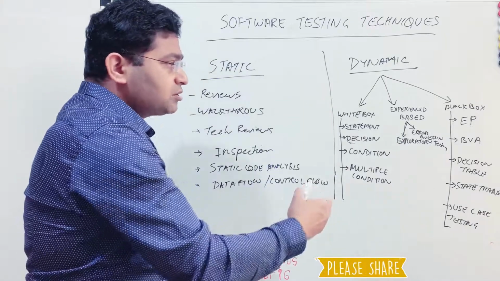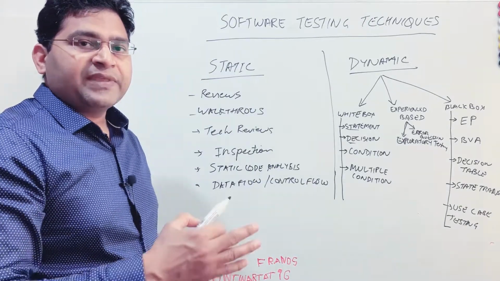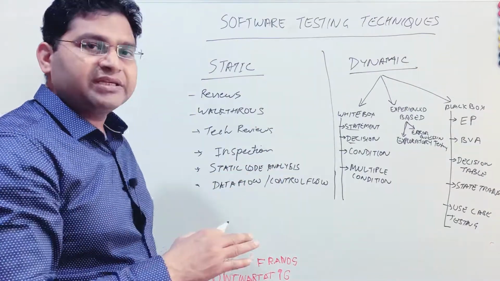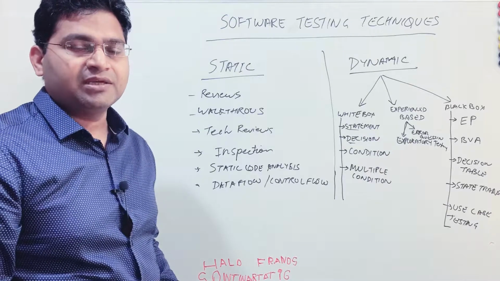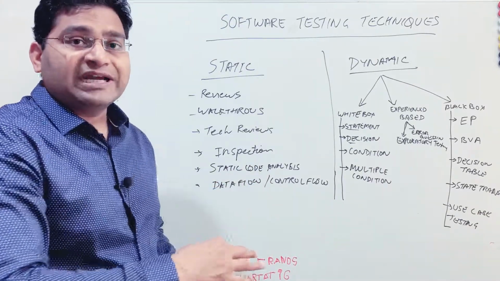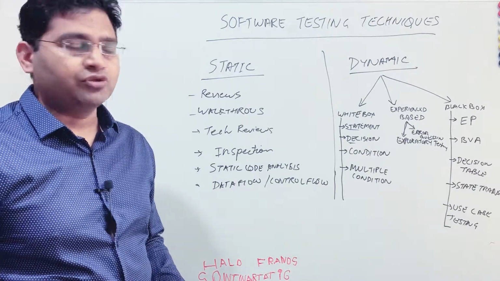But if you know these concepts, you will definitely be able to apply these techniques properly when you are designing your test cases, which will help you a lot in getting wider and better coverage in terms of testing for your application.